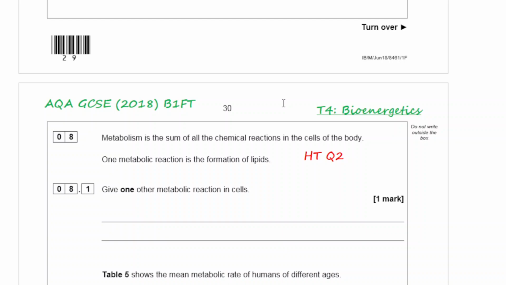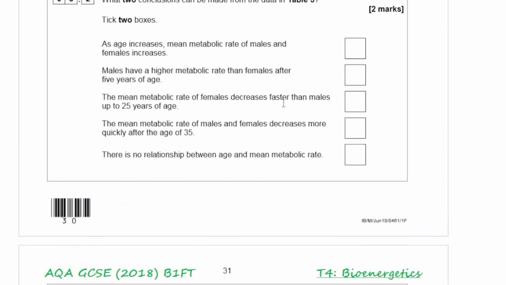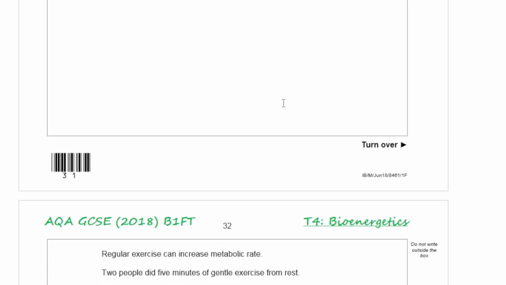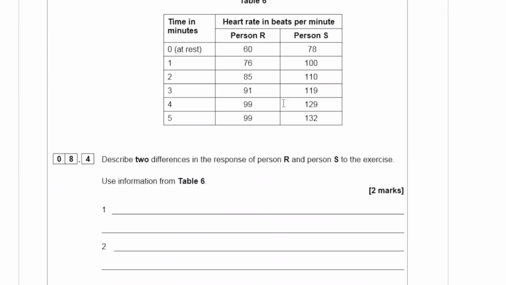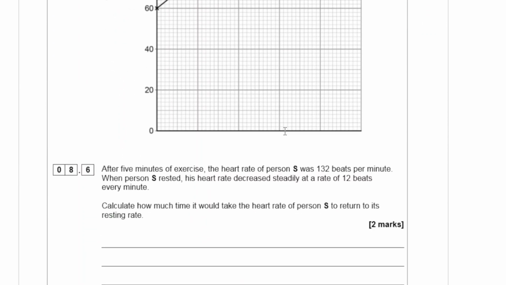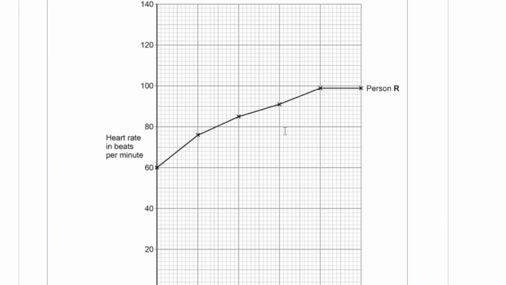This is the only question in bioenergetics, linked to photosynthesis. Question number 8 is actually in the higher tier question paper 2. So I will link 2 separate videos for each of these questions for the higher tier paper. Once you finish watching these 6 questions in this video, click on the playlist to watch question number 1 and 2 from the higher tier paper in order to complete these questions in the foundation paper.